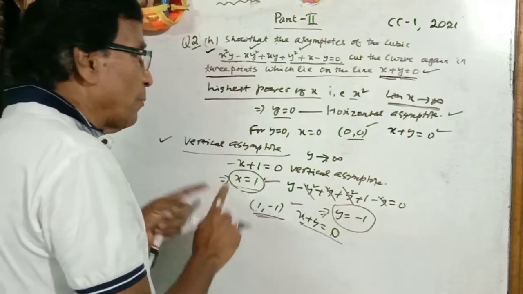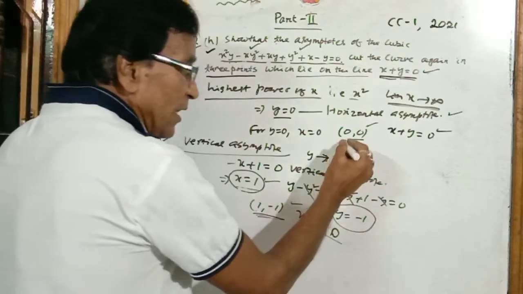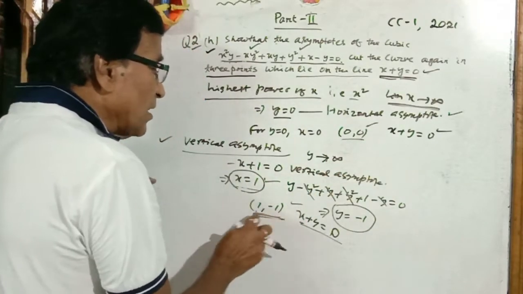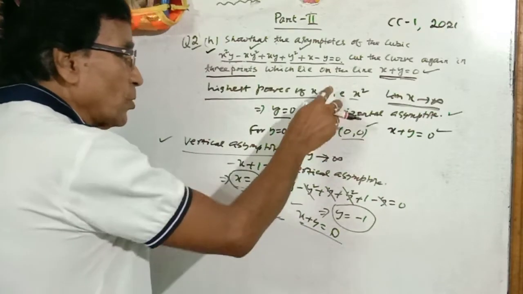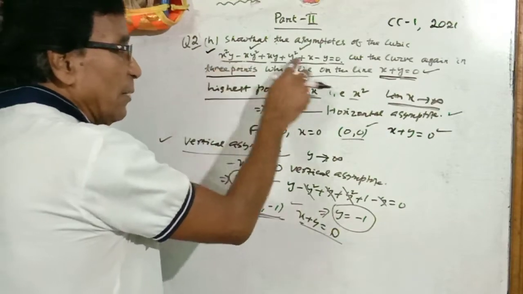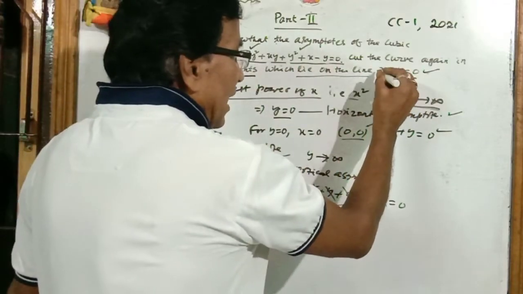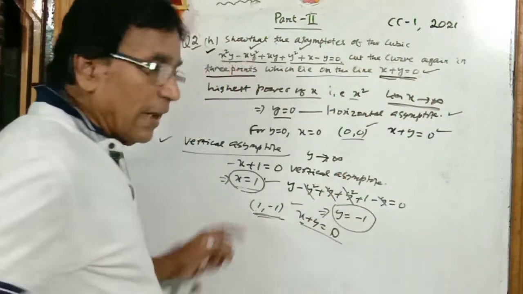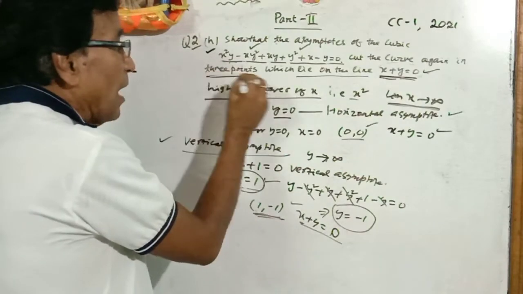So here we have got 2 points. One is 0, 0 and the other one is 1, minus 1. Those 2 points are the points of intersection of the asymptotes with the given curve and which are lying on this line.